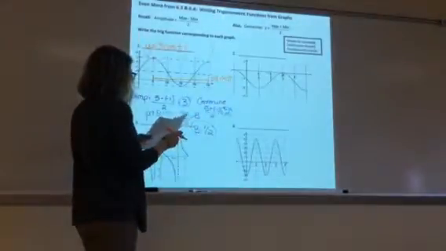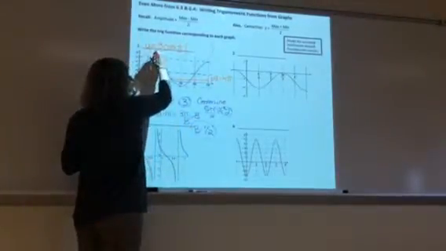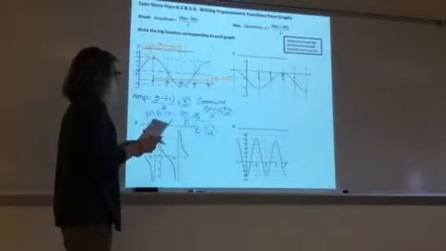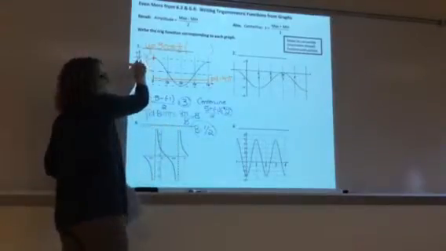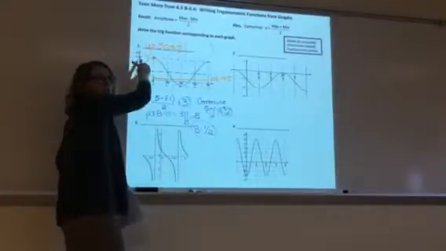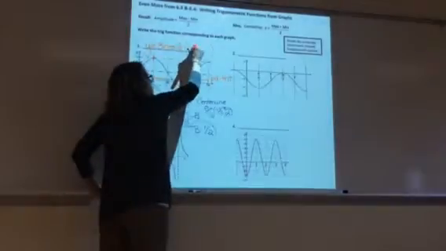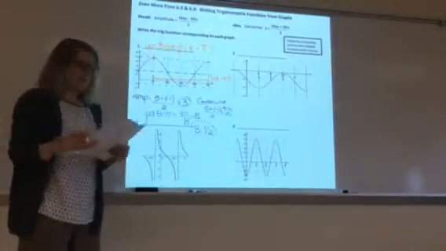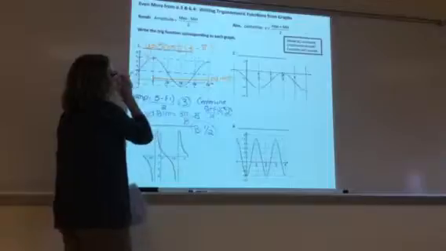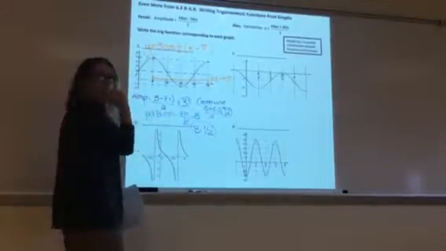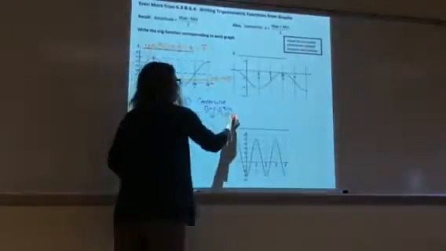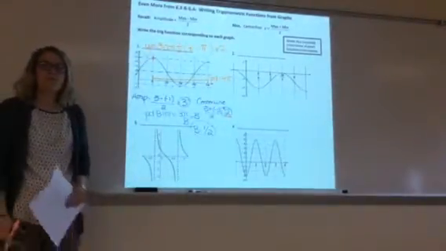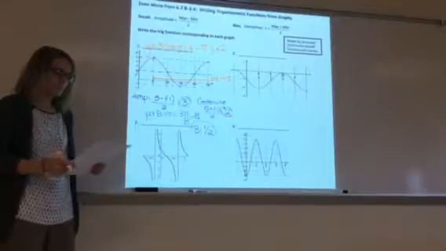So knowing that I started here, what did we do? Shifted right. Okay, exactly. So this is where cosine would be before left or right shift. If we shifted right, how do I write that though? t minus pi, very good, because it's the opposite. All right, and then what? Do I have a vertical shift? Yeah, because that's my center line. And that's the equation. All right. Make sense?